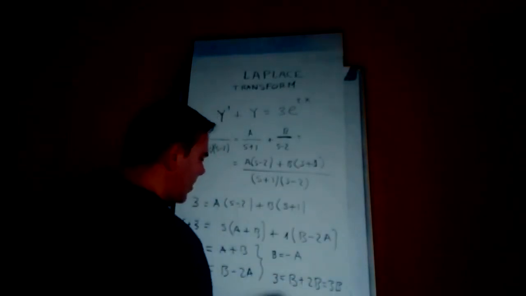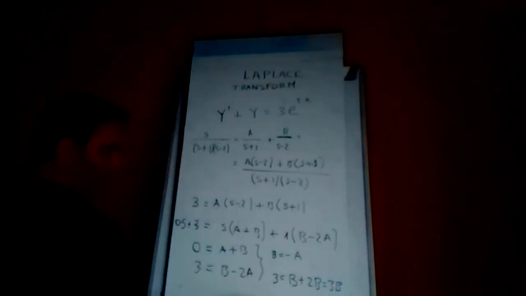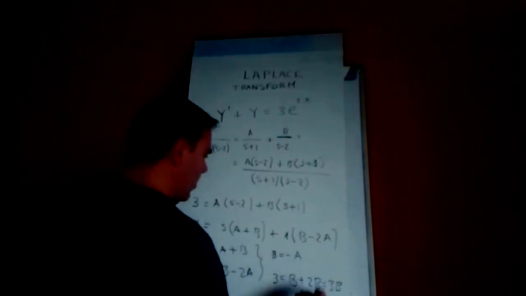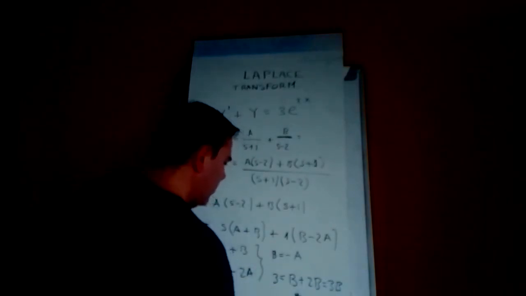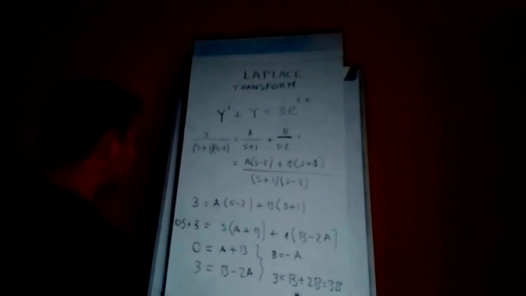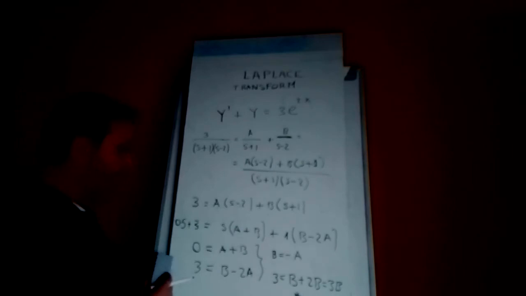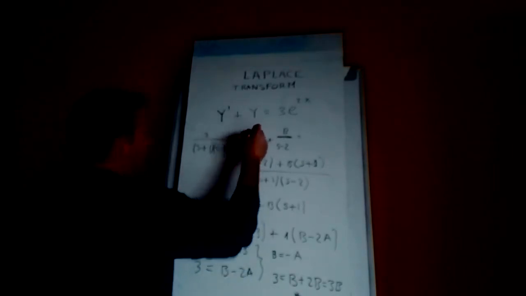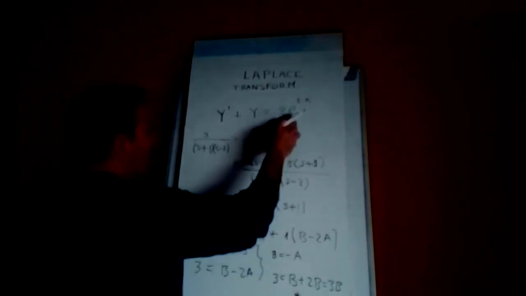So b is equal to 1, and then a equals minus 1. Let's write it over this equation: a is minus 1 and b is 1.